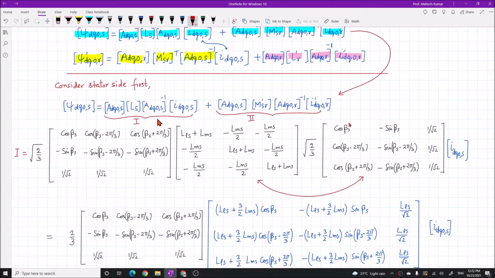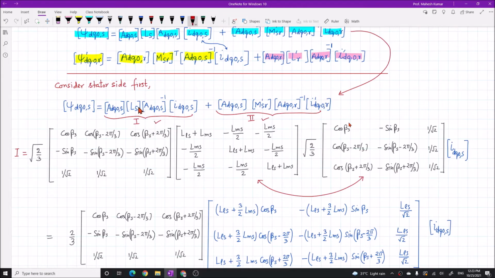The first term is here and second term is here. So the first term can be simplified by taking the inverse of AS and multiplying by LS and then ADQ0S. Remember, the LS matrix is this, so you cannot take it outside thinking it is a constant matrix.